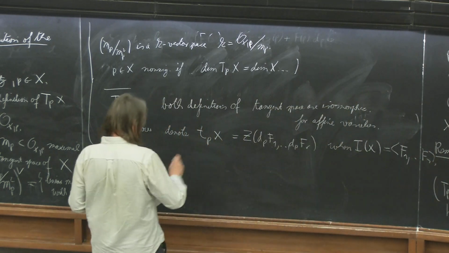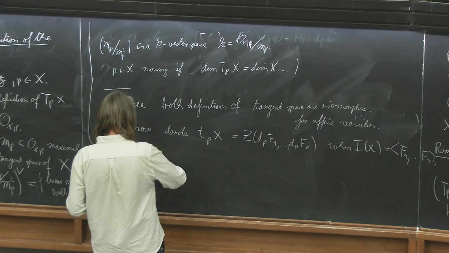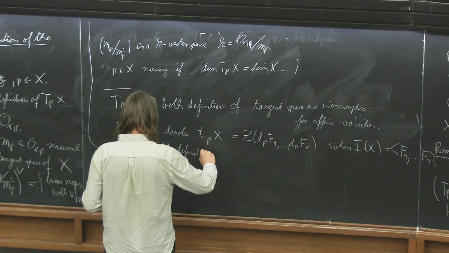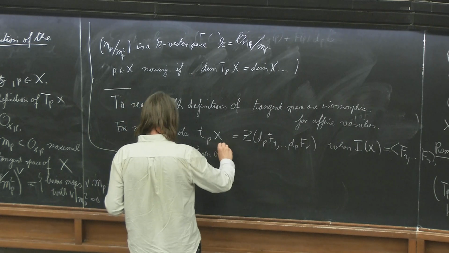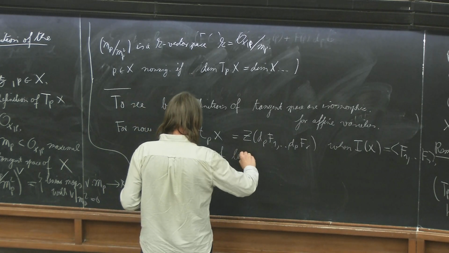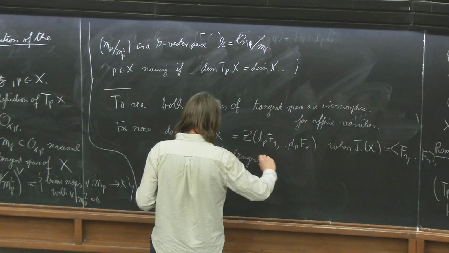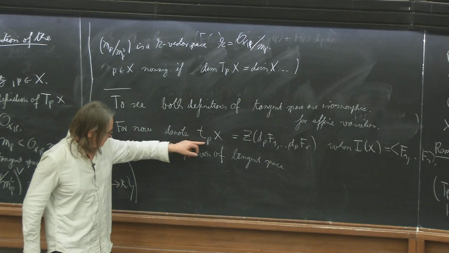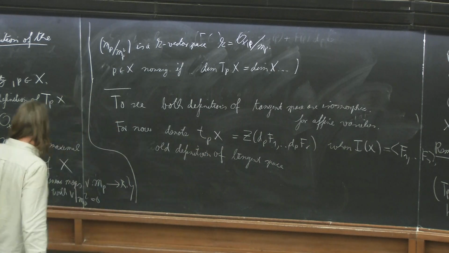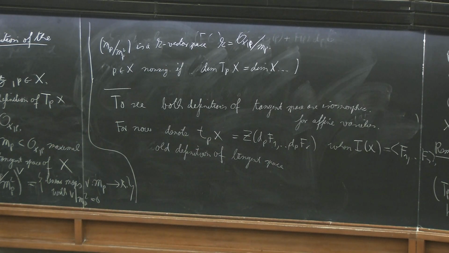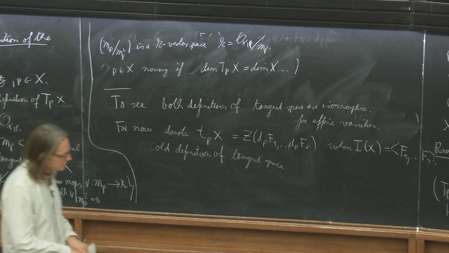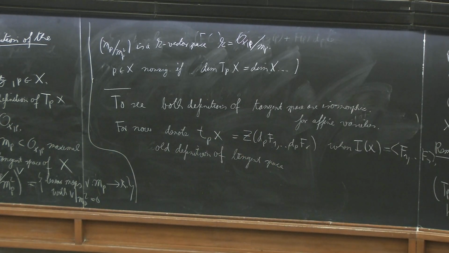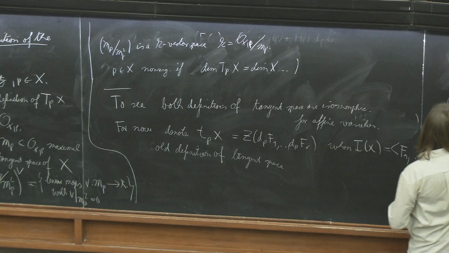We note this as the old definition of the tangent space. Then we have to show that this T_P X that we defined before is equal or isomorphic to the T_P X we have defined here. Maybe this will also illuminate the concept a little bit.